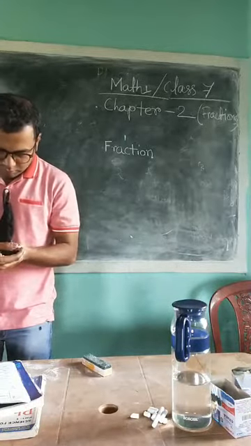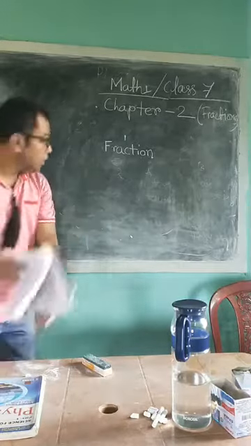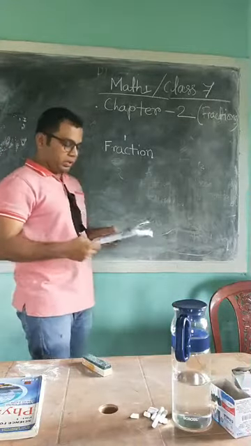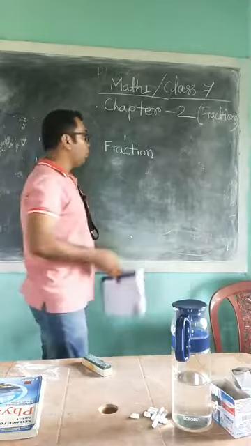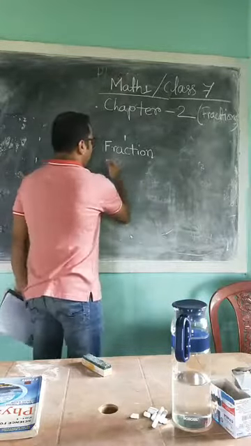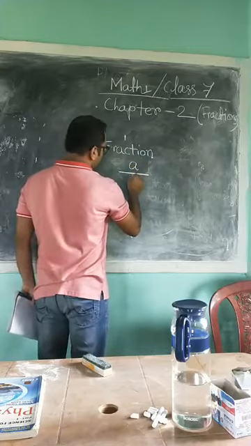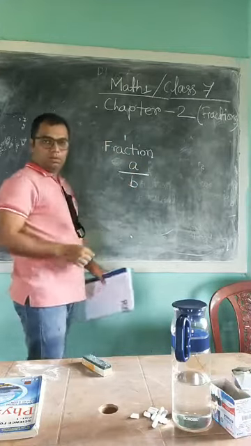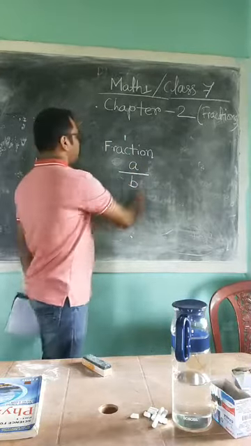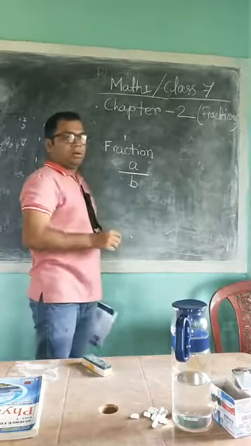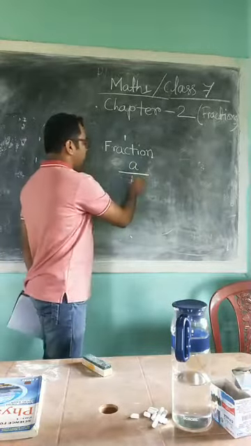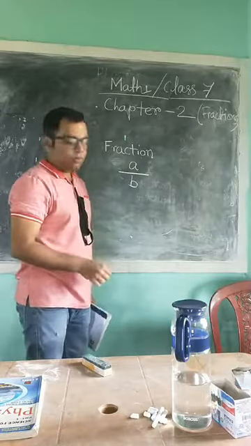Fraction is a number which can be written in the form of a by b. If a number can be formed in the form of a by b, that is called fraction.